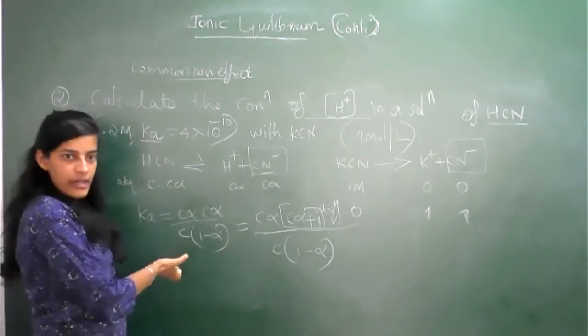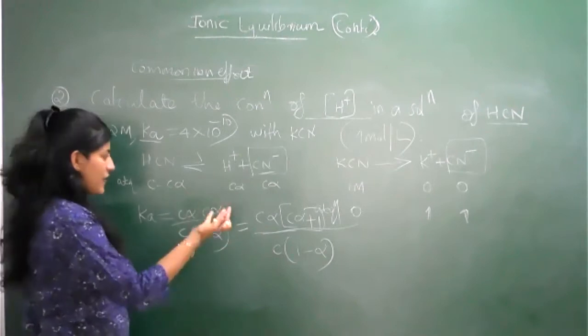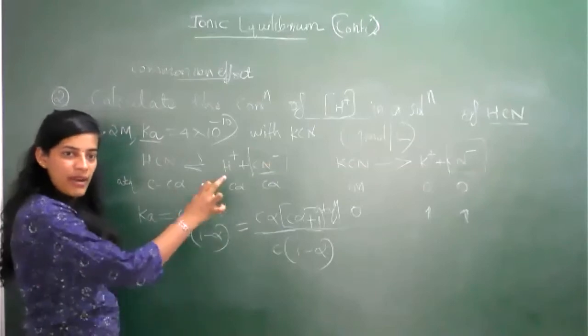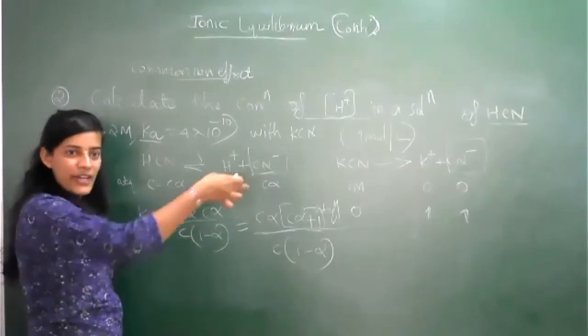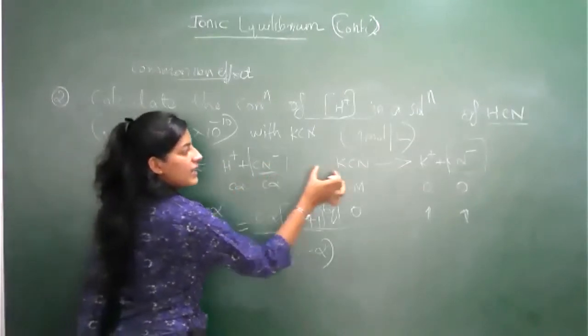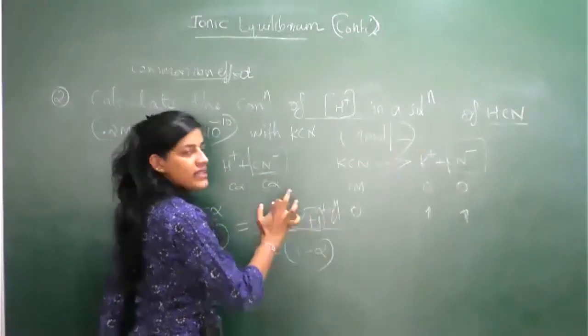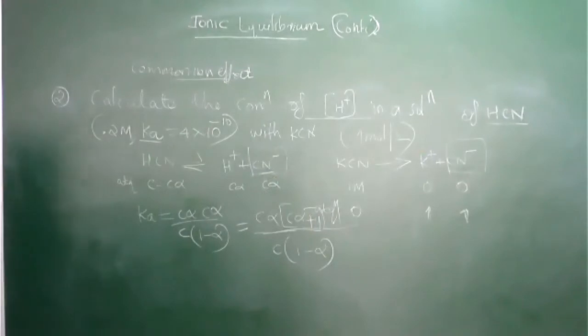Only H plus is considered, C alpha. Then the confusion for CN minus: only one or two? Both we want to consider. So this CN and that one are considered as 1. Clear? Okay, do it.